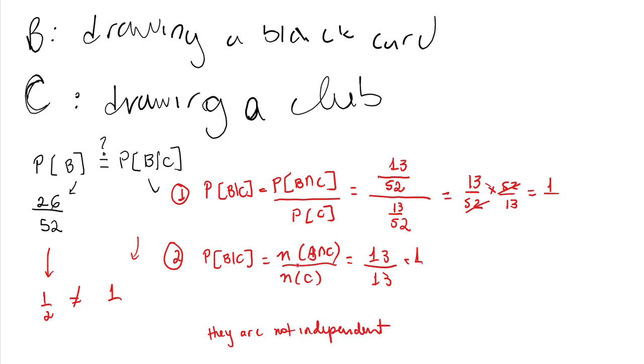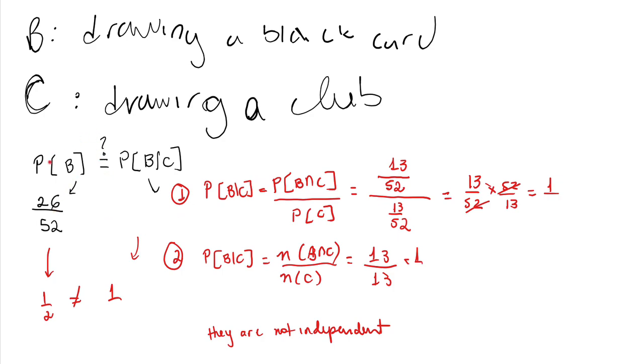Meaning that if you draw a club, the probability of that card being black is 100%. While if you're not informed that you drew a club first, the probability of drawing a black card is only a half. Okay?